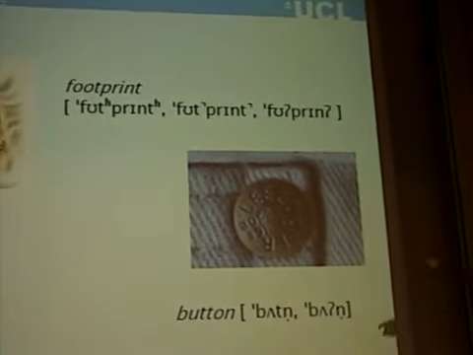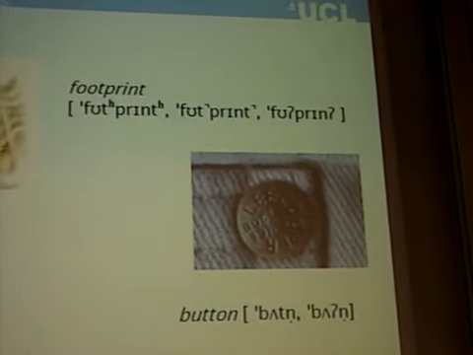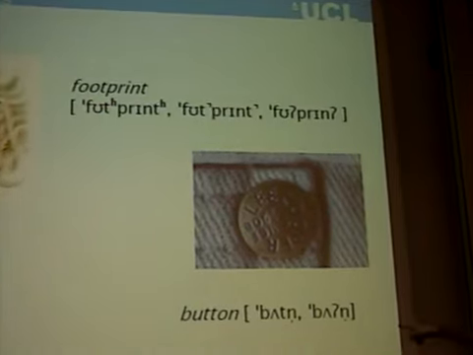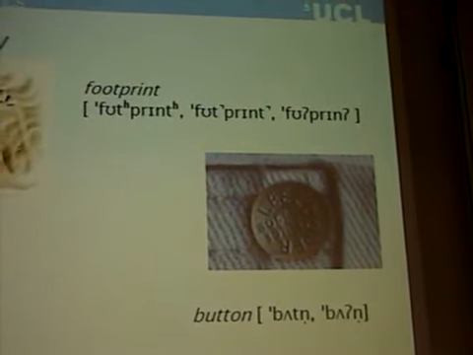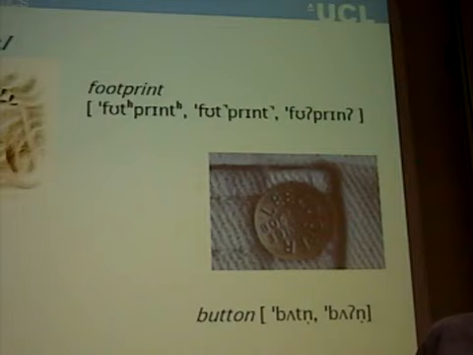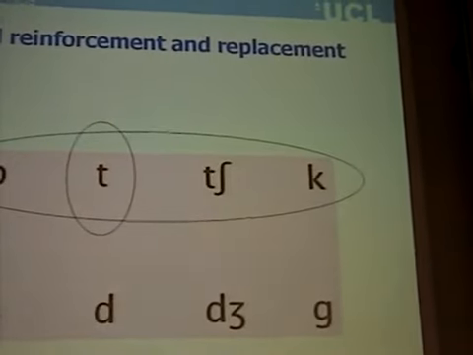Or with glottal stops, footprint. Likewise, button with nasal release, or button with glottal stop. Okay, the T is the one that is most susceptible.